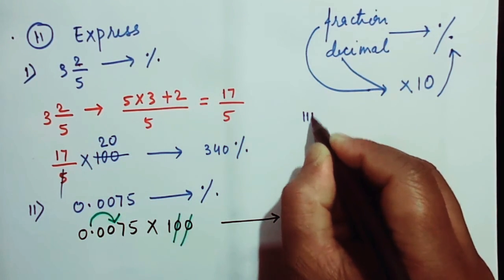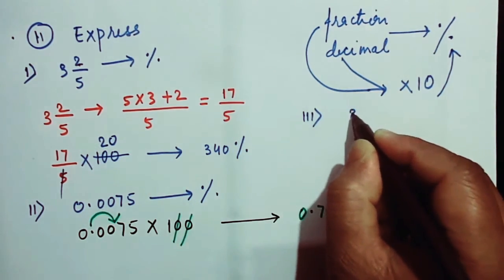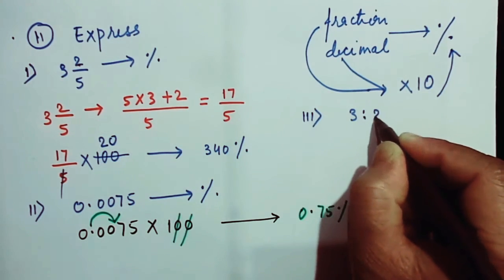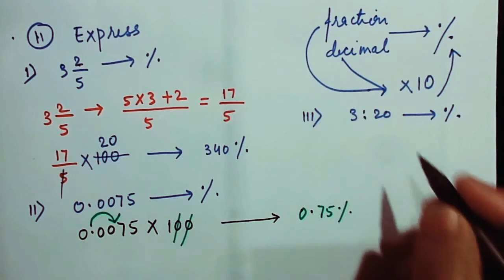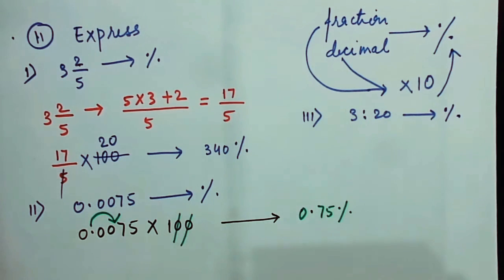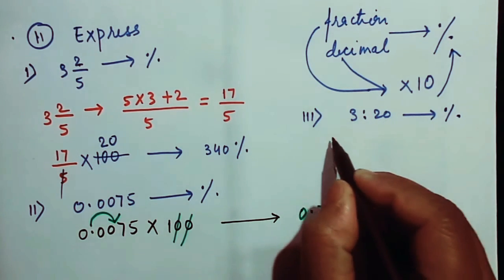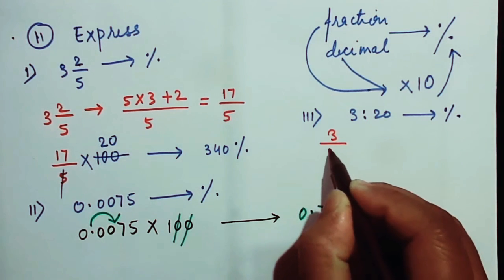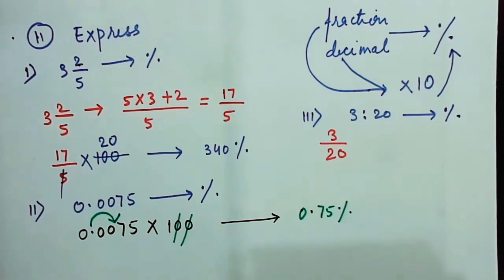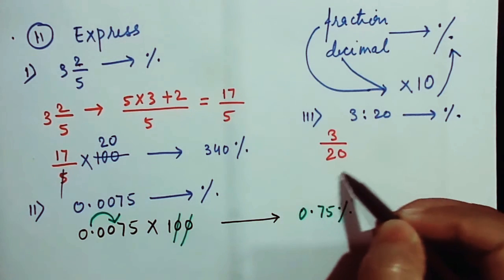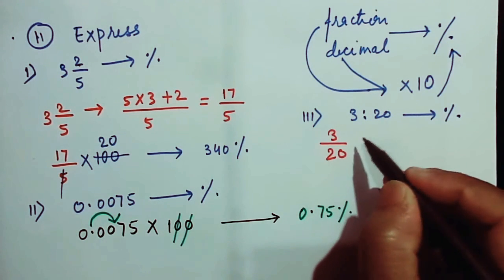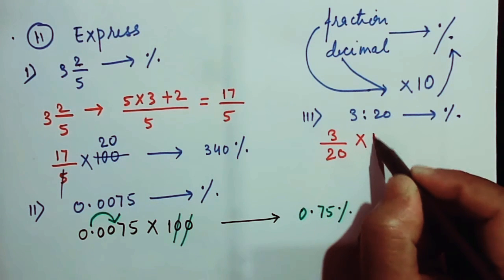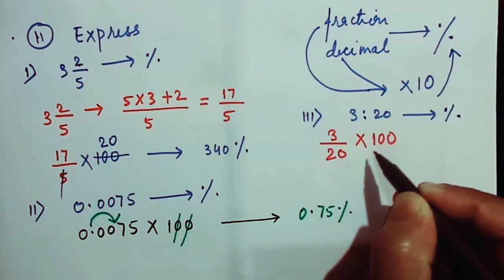Let's come to number 3. And here in number 3 what we have? 3:20 as percentage. So 3:20 means 3 by 20, and lo, here you have got a fraction. Now how to convert this fraction into percentage, my dear? By multiplying it by 100.